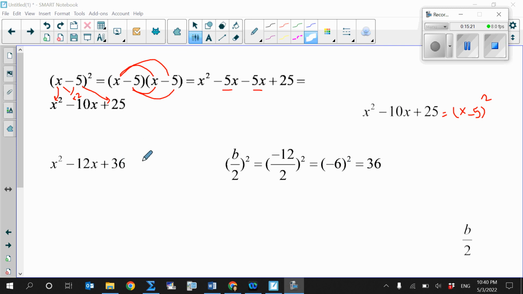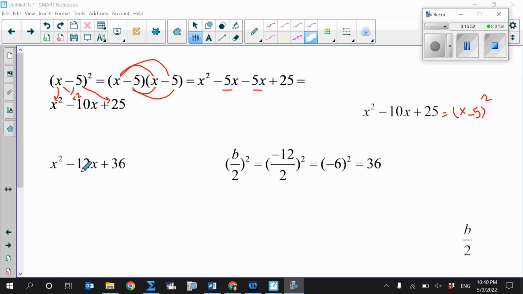Now, if I want to change this to the perfect square form, all I need to do is write x, and then the next term will be the b value divided by 2. You see, in the earlier case, negative 10 divided by 2 gives you the second term, the coefficient of x divided by 2, which is negative 5. So the same is here.